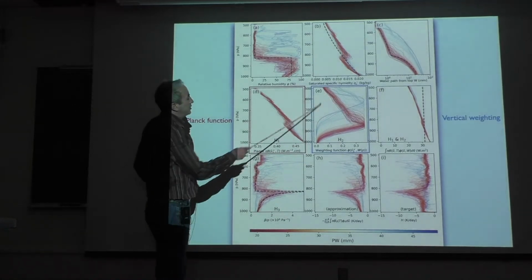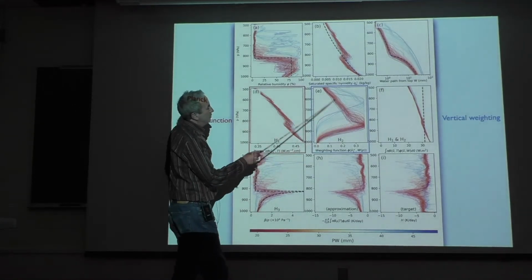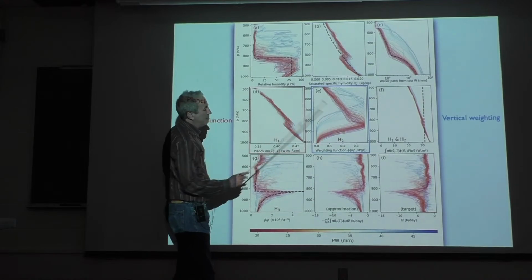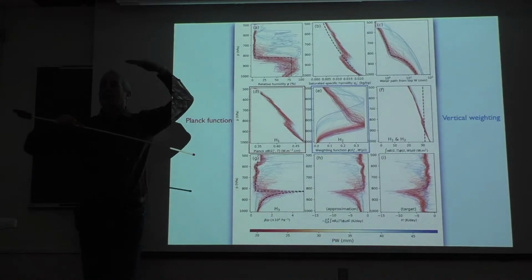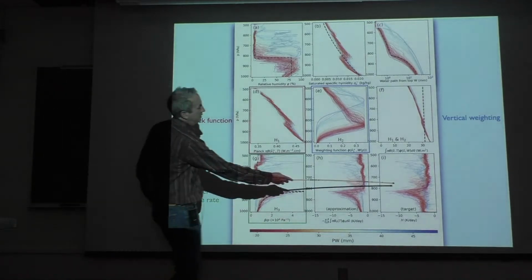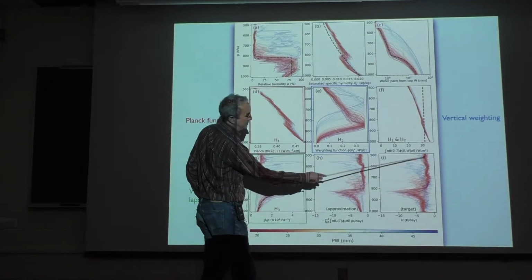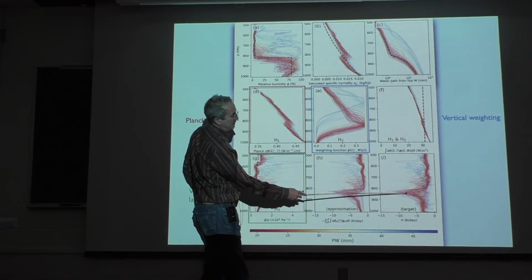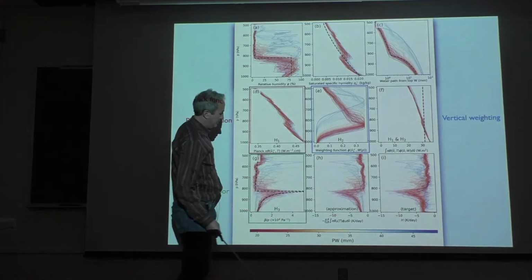The vertical weighting function here has kind of the right sense in that it's located at about the right height, but the peaks are very broad. And I should maybe say that these are the cooling peaks, or this is the cooling rate as a function of pressure that we're seeing in each one of these soundings.